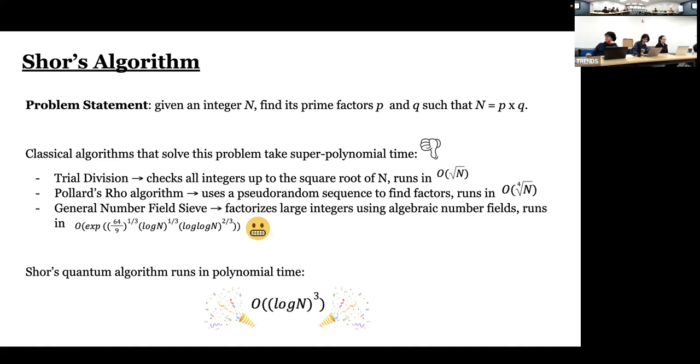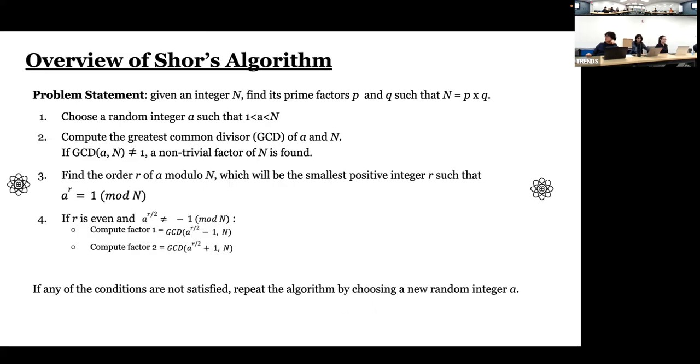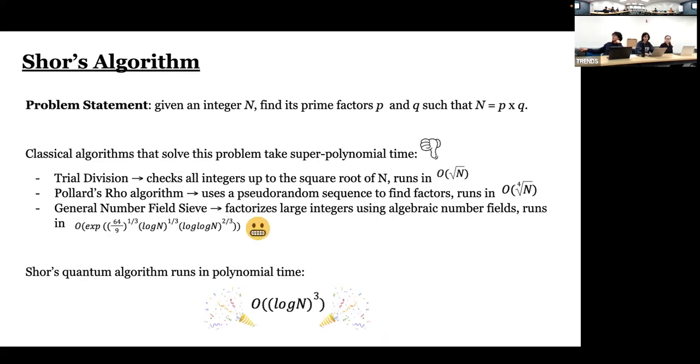So yeah, there's an overview of Shor's algorithm. Wait, logarithmic, right? Logarithmic cubed? Yeah, it's logarithmic. Okay, I wrote it wrong. I was curious, what is written there, log n times log n? I think it's n cubed times log n, or log n cubed.